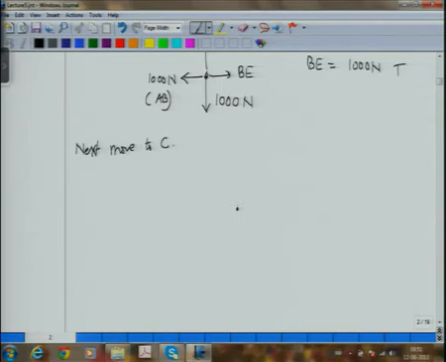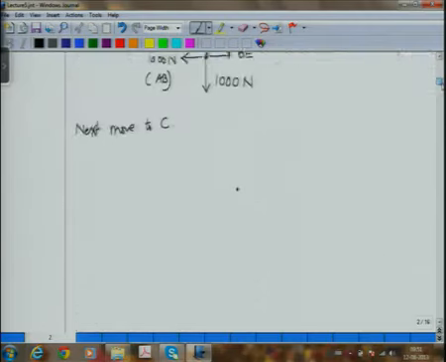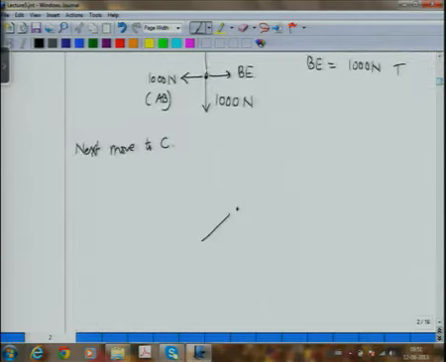Is AC tensile or compressive? AC we saw was compressive. So, therefore, I will show AC and this is 1000 root 2 newtons. Since this is a compressive force, I show it with its right direction because I know AC. Now, the other force which I know is BC, which is tensile.